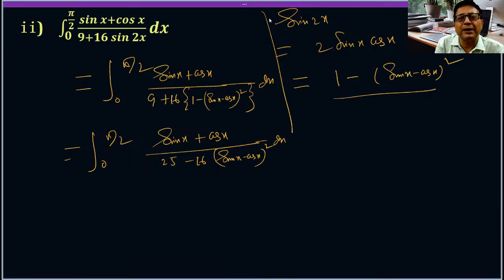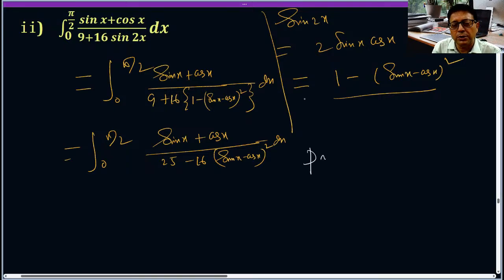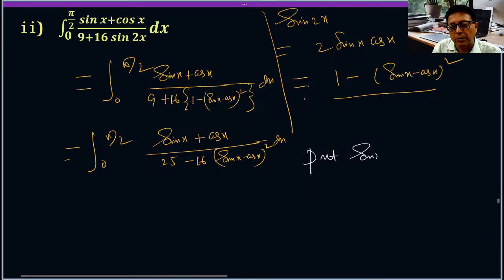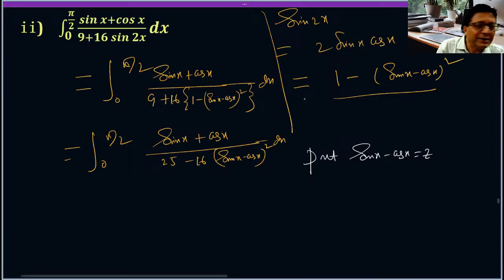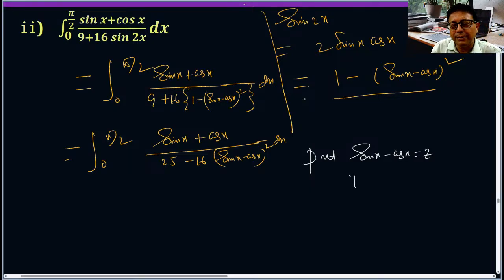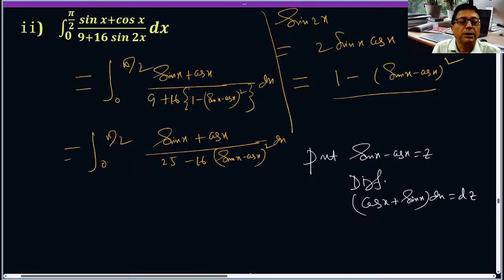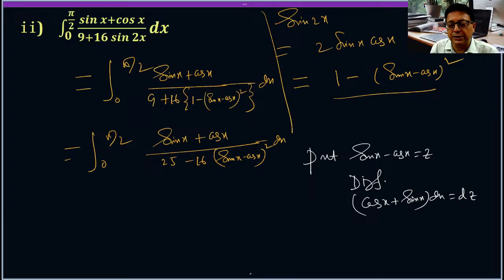Now how to integrate this? What substitution is required? Put z equal to sin x minus cos x. I remind you change of limit again. What is this derivative? Cos x plus sin x dx equal to dz.